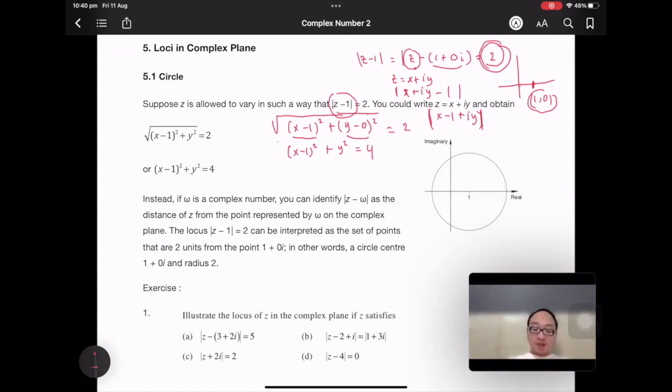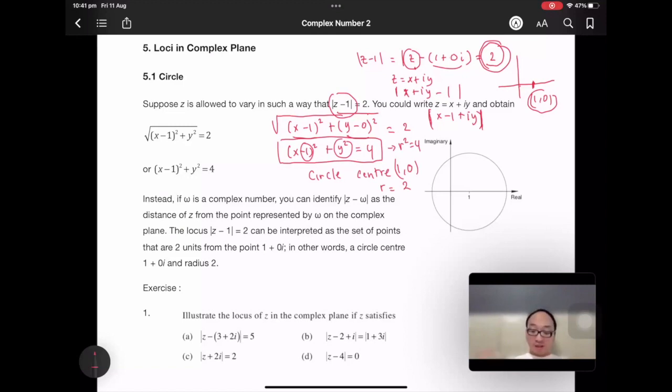If you notice, this equation is a circle equation with center 1, 0, and r squared equals 4, so the radius is 2.